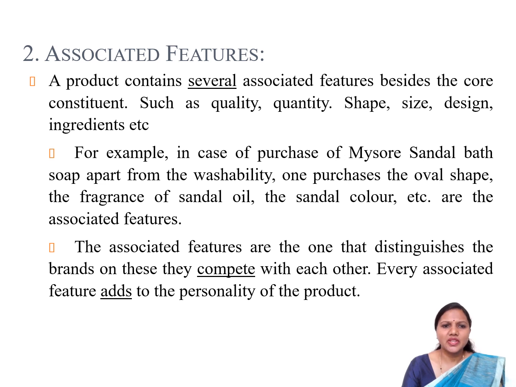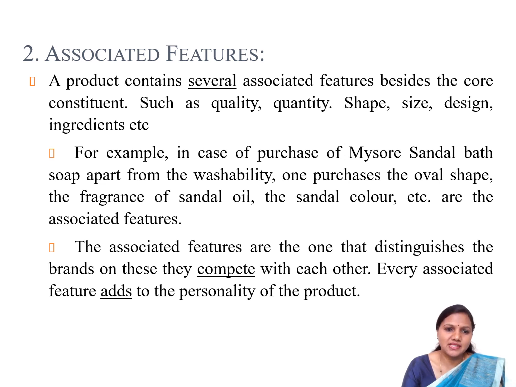Associated features. A product contains several associated features besides the core of the product, such as quality, quantity, shape, size, design, and ingredients. For example, if a consumer purchases Mysore Sandal bath soap, why is he purchasing it?